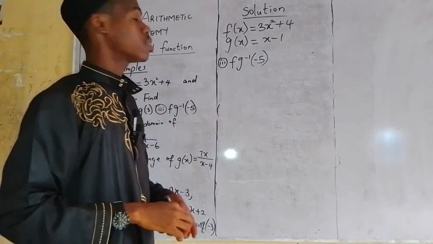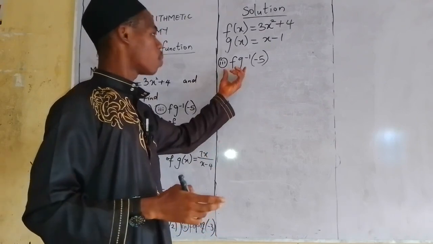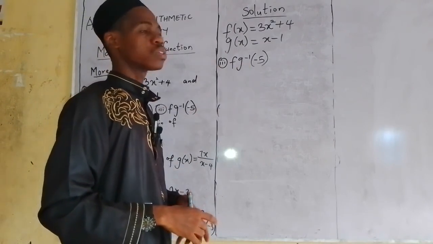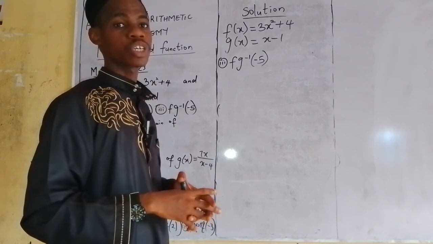So now we are looking for fg inverse of minus 5. Remember, this is composite mapping. At the same time, it is having an inverse function as well.